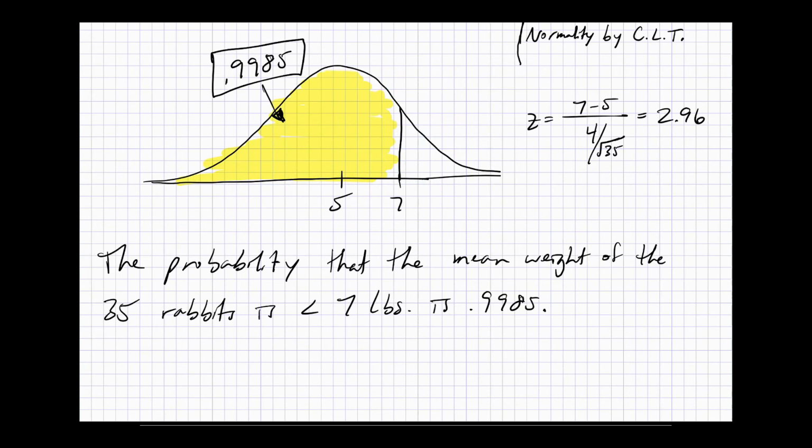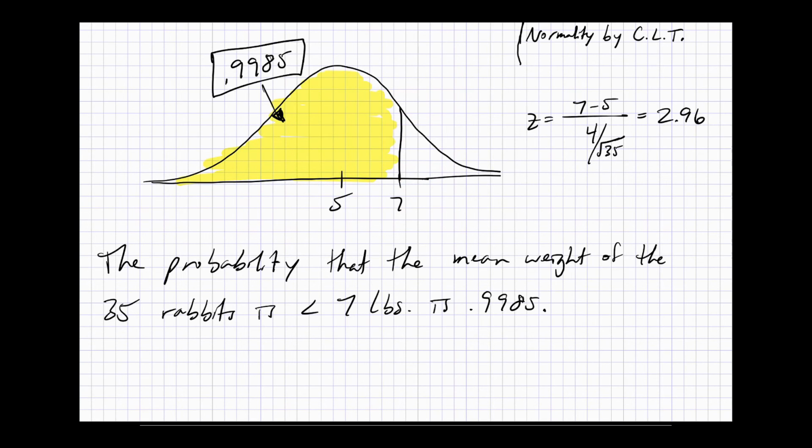So if I were to label all of these rabbits, however many there are, give each one a number, pick out a sample of 35 of them, weigh all of them, and find the average weight of all 35, the chances that it is less than 7 is almost 100%, because the average is 5.